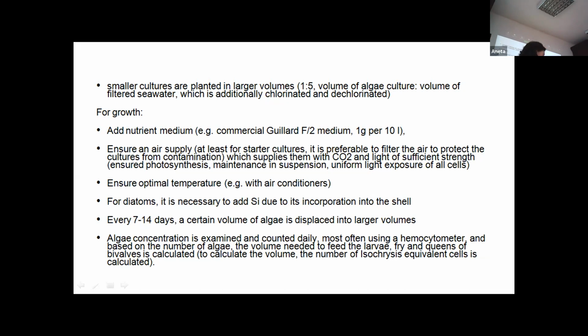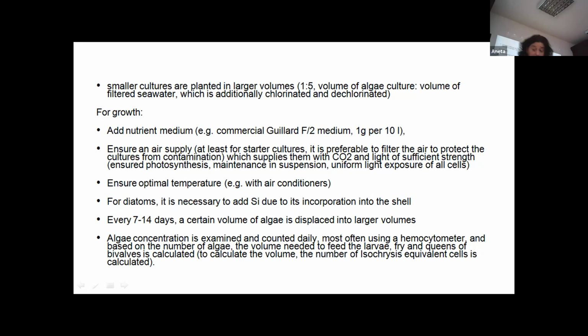Even if it is contaminated with three different species of algae, then you don't know what you have. Not only for shellfish diet, but also for your raw material for biofuel, because you don't know the chemical composition.